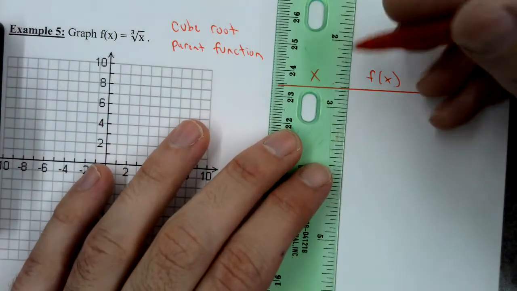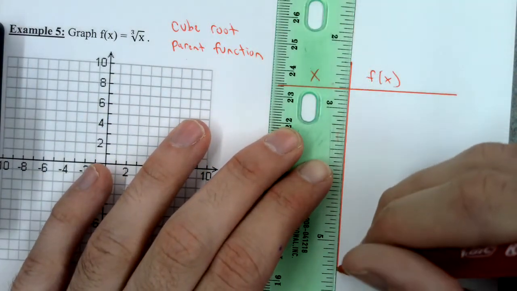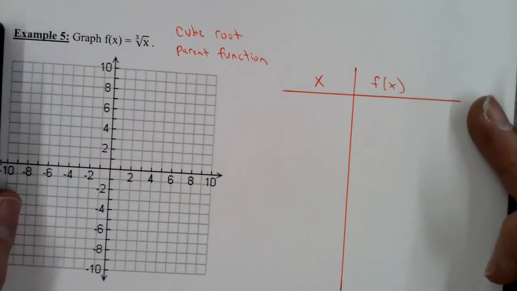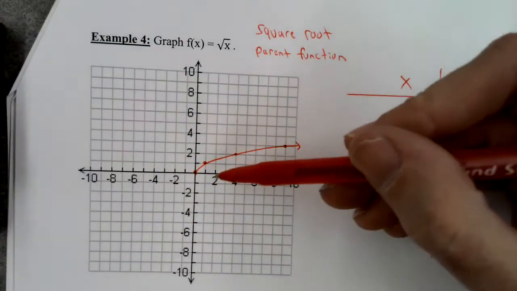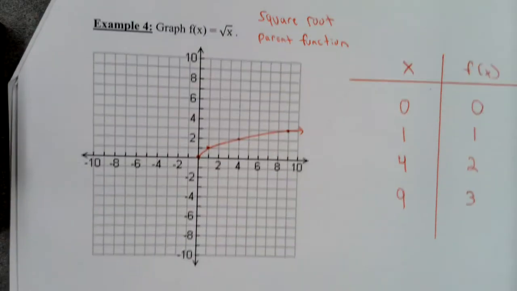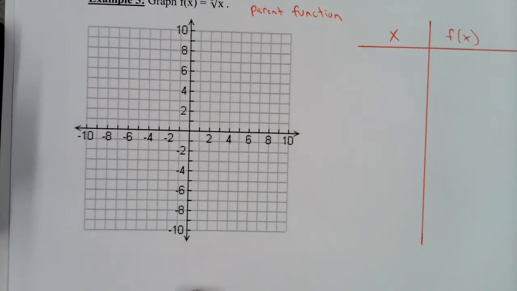I'm basically going to be working backwards with this table, just like I did with the square root one, okay? So you can only take the square roots of positives. That's why I chose 0, 1, 4, and 9, no negatives. But you can do the cube root of negatives, okay?